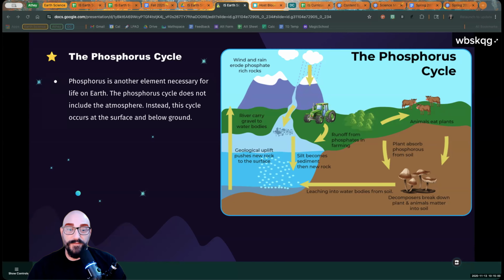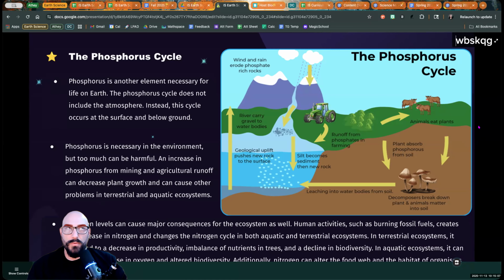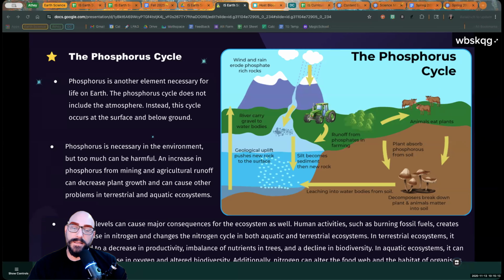Okay. So there's the phosphorus cycle, which again is really important. We might not necessarily think about phosphorus as a really important element, but the molecule that we use for energy in our body is called ATP, adenosine triphosphate.